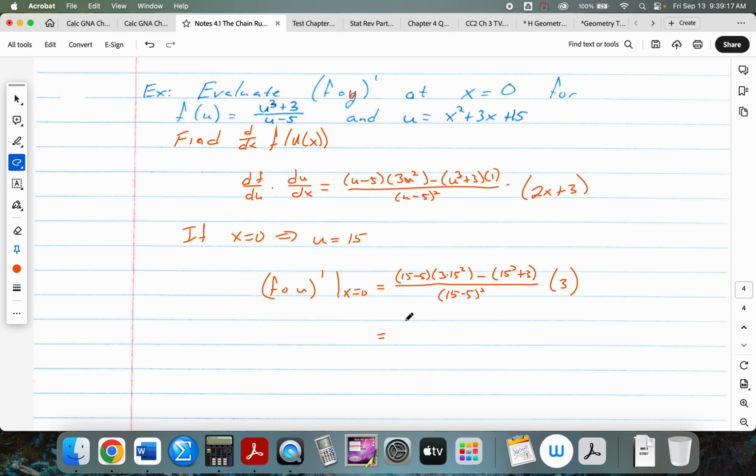So that's going to be 10 times 225 times 3 is 675 minus 15 cubed.